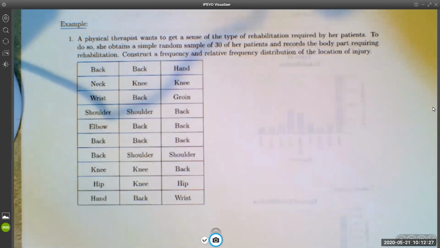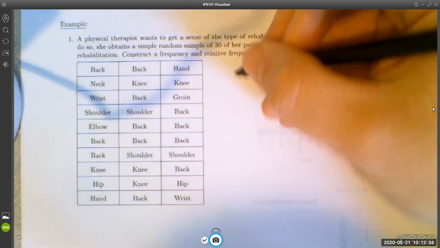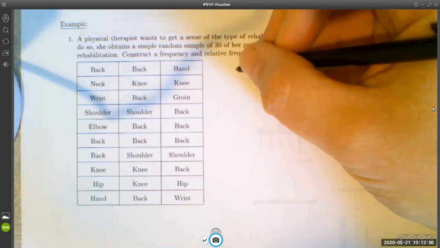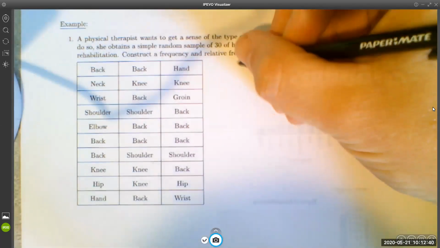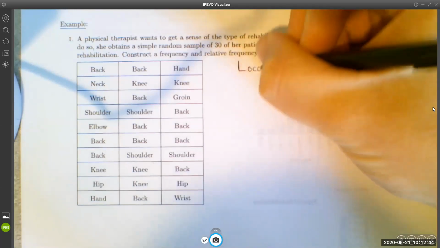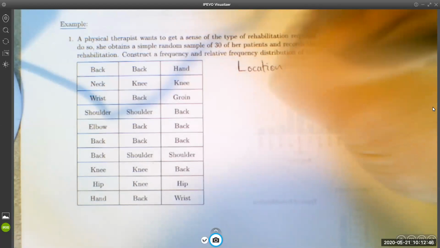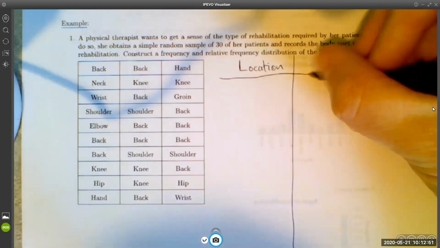So to construct a frequency distribution, we would start off by listing out all of the categories of information. In this case, we're talking about injury locations, right? So I'm going to say location, and then I'm going to say frequency.